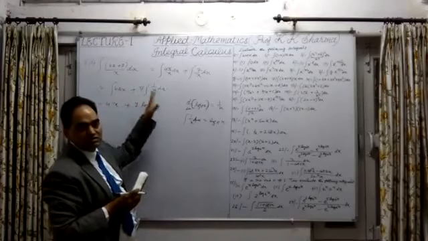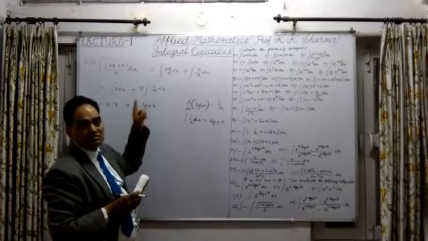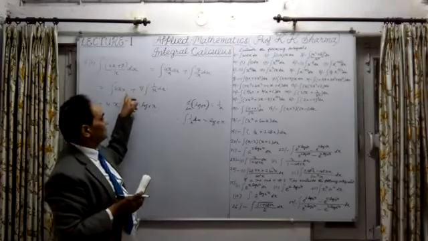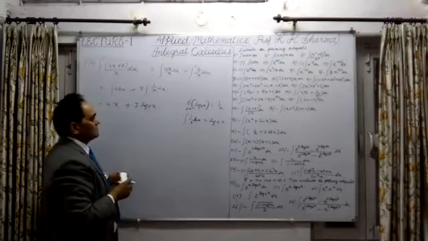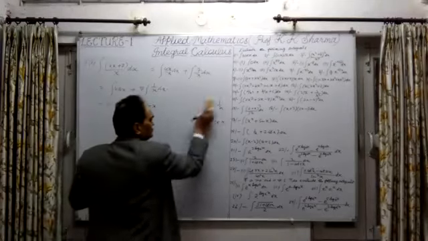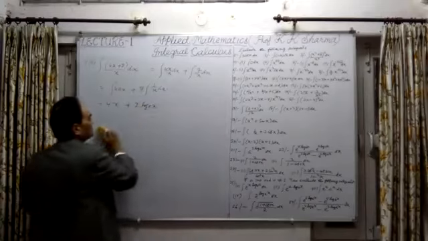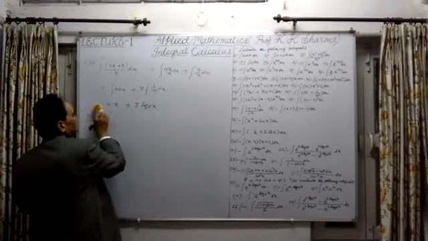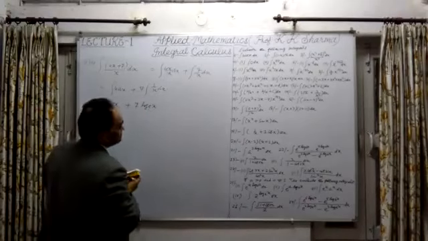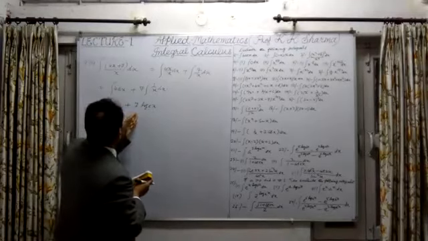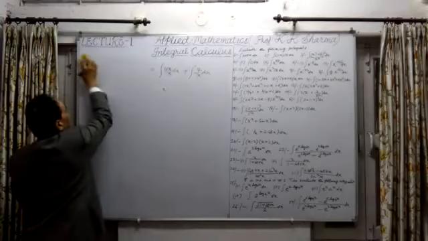If it is with respect to t, then the integration of 1 will be t. If it is integration with respect to s, the integration of 1 will be s. So whatever independent variable we are using, the integration of 1 will be that integration variable. So this is the answer of the second part of the 9th question. So the 9th question is done.